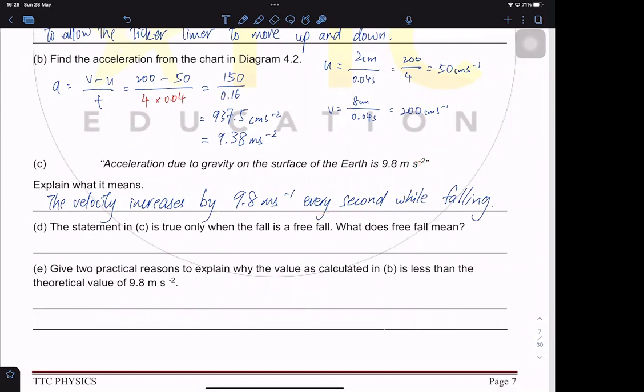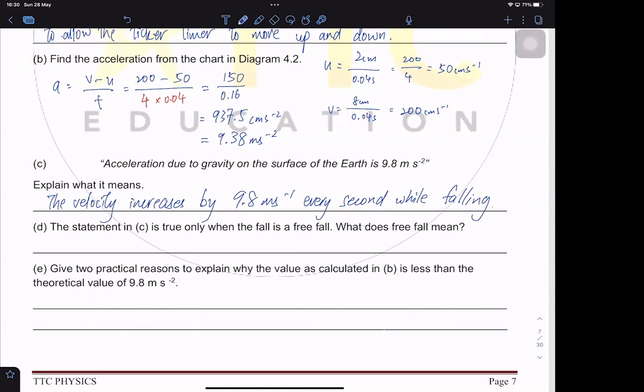But this statement, this increase by 9.8, is only true if you are falling due to free fall. What does free fall mean? Free fall means you fall because of gravity only. You don't have any other forces, especially resistance or friction. You are falling due to gravity only.